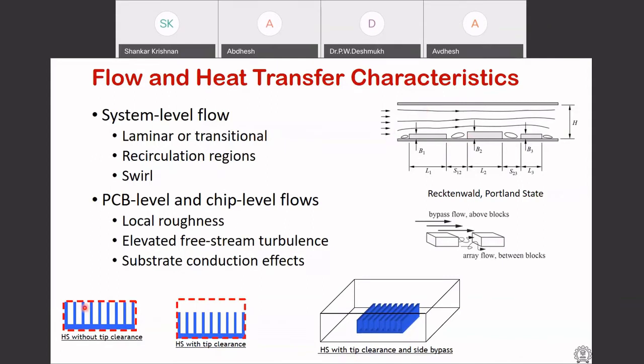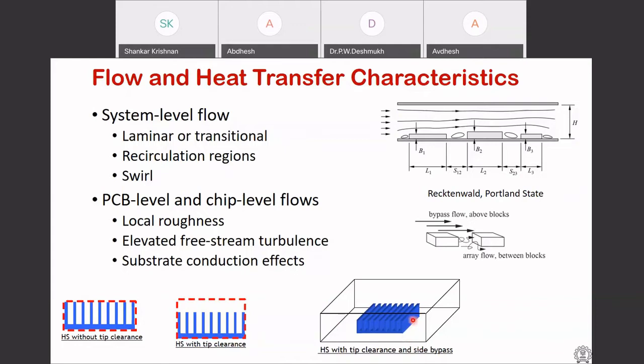So here's an example. This is a cross section of a parallel plate heatsink. Depending on how this heatsink is placed, if my duct is enveloping the entire heatsink, then we say heatsink without a tip clearance. But if I have a space on the top, it is a heatsink with tip clearance. And if there are flow paths around it, then it is a heatsink with tip clearance and bypass.